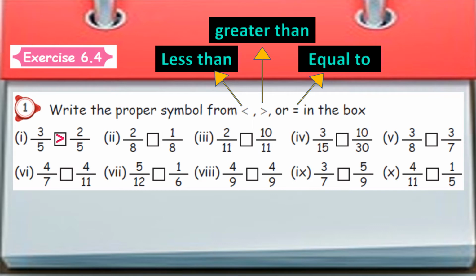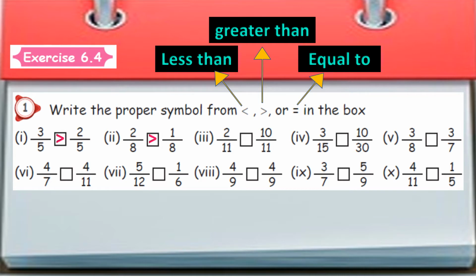Right? Come to the second one. The second is also a like fraction. So as usual, just check 2 and 1, which is greater? 2, isn't it? Then open the symbol to that side. Right. So this 2 by 8 is greater than 1 by 8. That's it. Then come to the third one. Here 2 by 11 and 10 by 11.